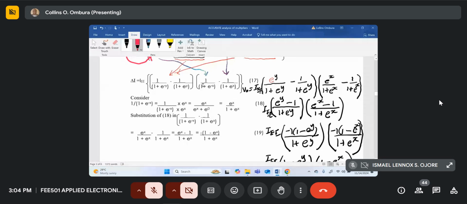So if you look at 17, this part of 17 over here, where we got 1 divided by 1 plus e to the minus x, minus 1 divided by 1 plus e to the x. Now this term over here, on the left-hand side, 1 plus e to the minus x, I can substitute it with this one, which is the result of 18.